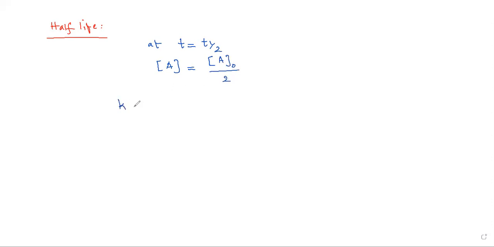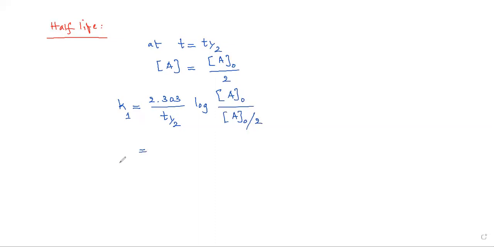Now substituting in the expression for K1, it can be written as 2.303 by T half into log A naught as it is by A naught by 2, right?